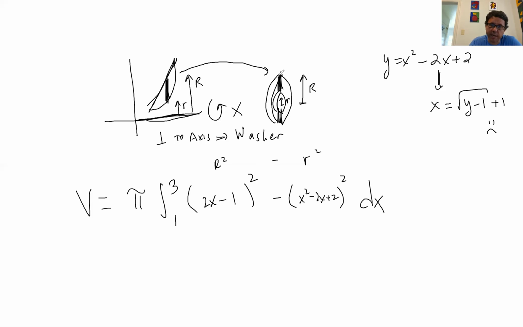How do you get that big radius? Big radius, back in the picture, is however far it is from here up to where you hit the outside of your object. How far is that? Well, it's the y coordinate. That distance is y. But I want everything in terms of x. So I need to know what this y is in terms of x, and that's exactly the line. So it's just a geometrical thing. You have to see whether the big radius corresponds to the line when I revolve it, or to the parabola when I revolve it. So that's just that conceptual understanding.